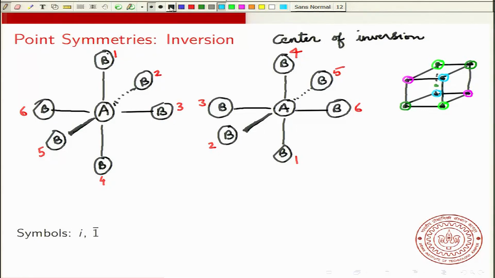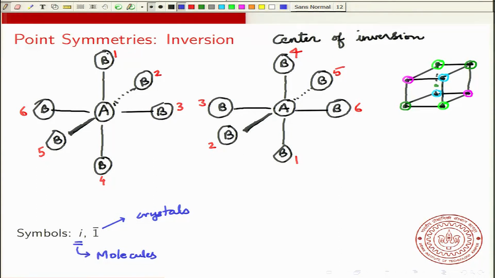And so in the symbol for inversion, again there are two symbols. For molecules we use the Schoenflies symbol, which is I, and for crystals we use 1 bar. So, 1 bar is the inversion about the center, just as I is the inversion about the center for molecules.